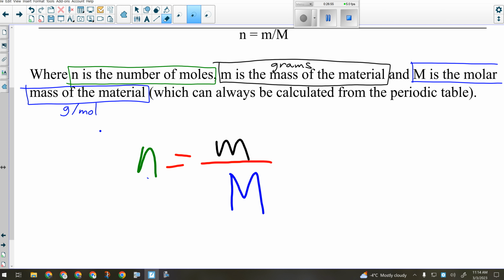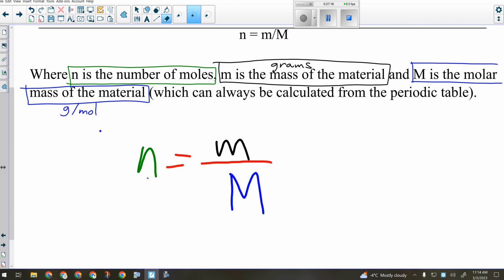Now, how would I do that? Right now I'm dividing by big M. So if I want to move something, I do the opposite. That's the first rule of algebra: if you want to move a variable, you perform the opposite operation.